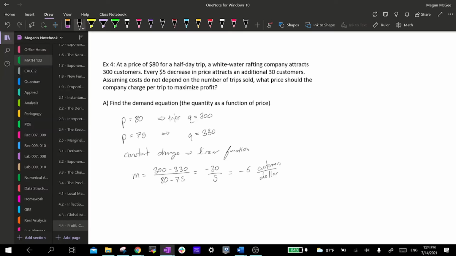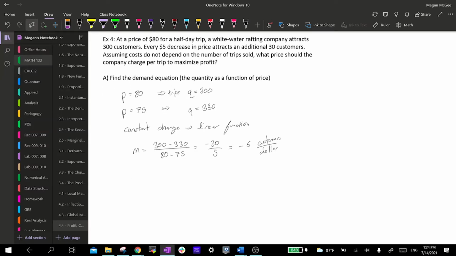So the quantity as a function of price is Q equals negative 6 times P, where P is the price. This is our y equals mx, and we're missing the plus b, the y-intercept, or in this case, our Q-intercept. We can find it by plugging in one of our points.